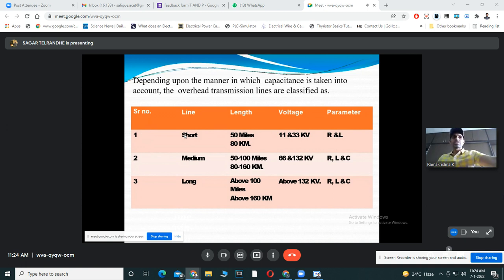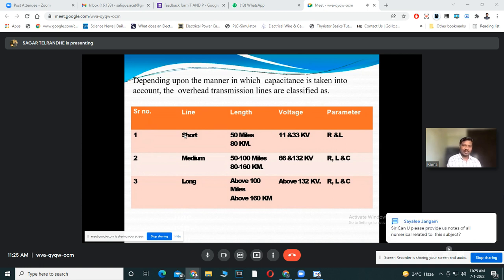Since the long transmission line is carrying a voltage up to 132 kV and above, it is also carrying a current in huge amperes, in the order of mega amperes. So now we have again three parameters that have to be estimated while calculating the transmission line.